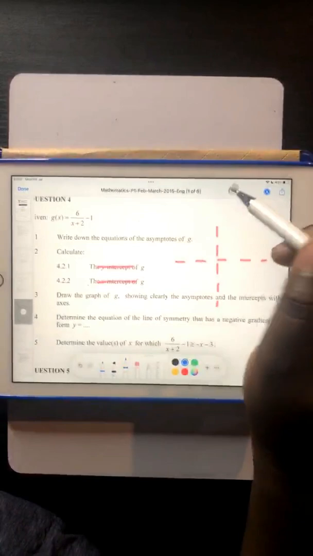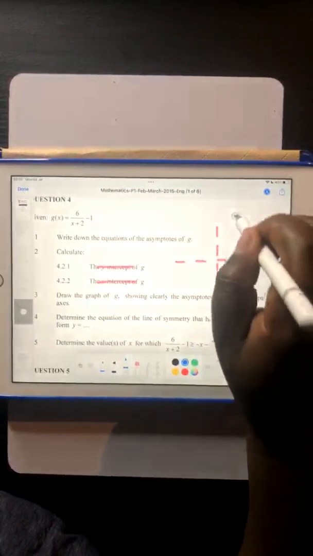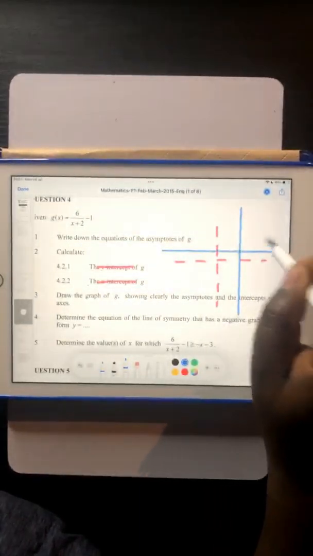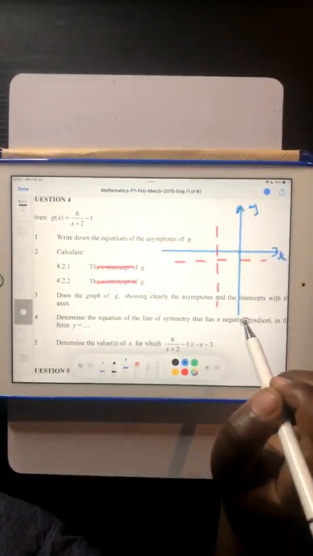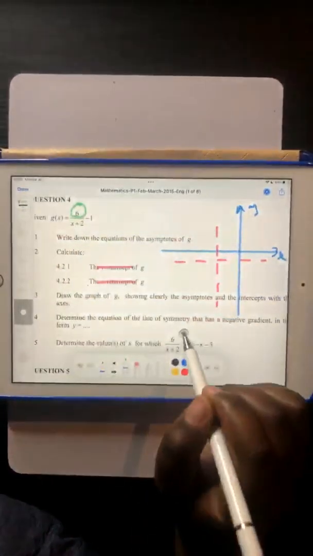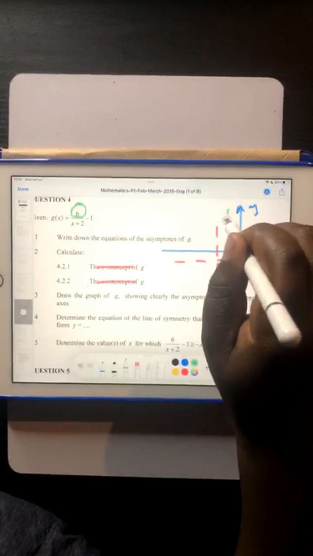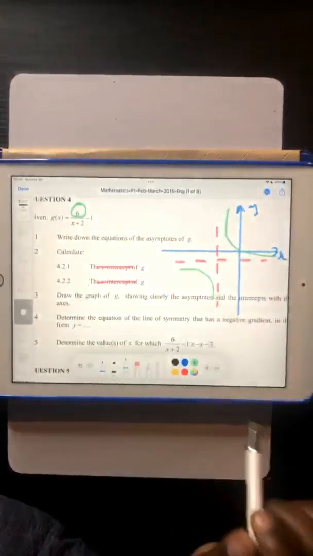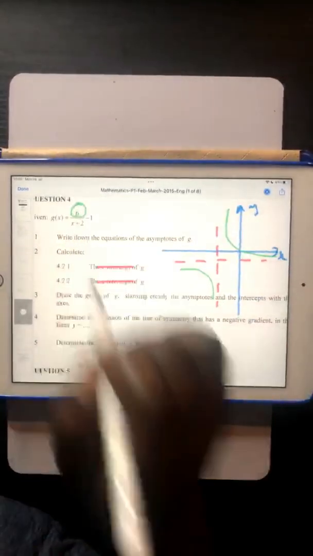Obviously, let's say, for example, this is the Cartesian plane having the x and the y. So can you guys see that because the a value is positive, it means you are most likely to be having your graph like that. Why? Because the a value is positive.